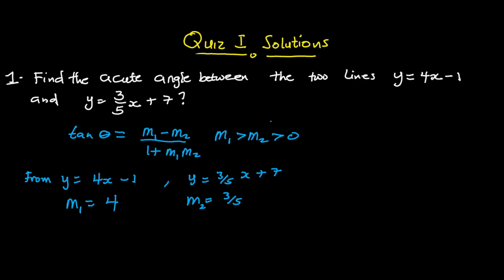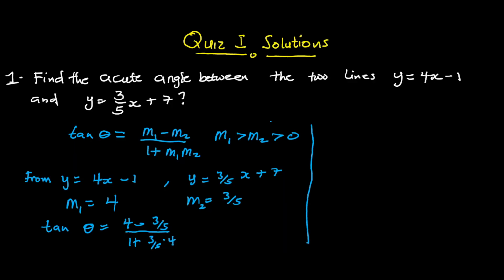Okay, so now we substitute everything into the formula we have. Now we have tan theta equal to 4 minus 3 on 5 over 1 plus 3 on 5 times 4. Now this is what we have. So how do we go about it?